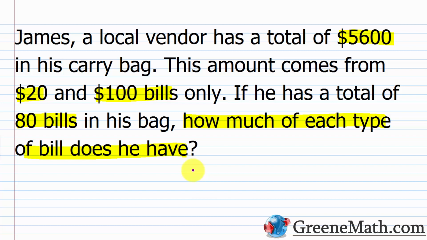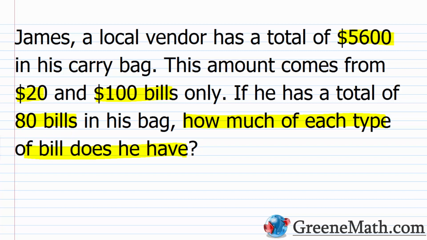It could be the $20 bills or it could be the $100 bills. The key to understanding this problem is knowing that if he has a total of 80 bills in the bag, whatever I let x represent, then 80 minus x is going to represent the other one.